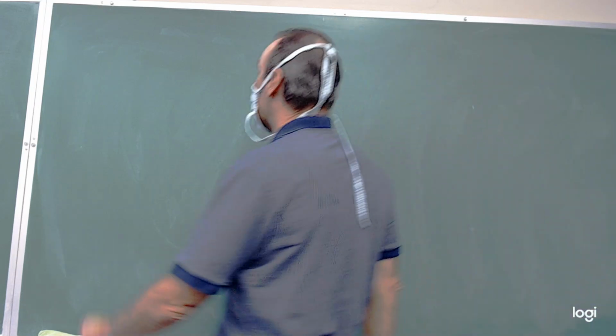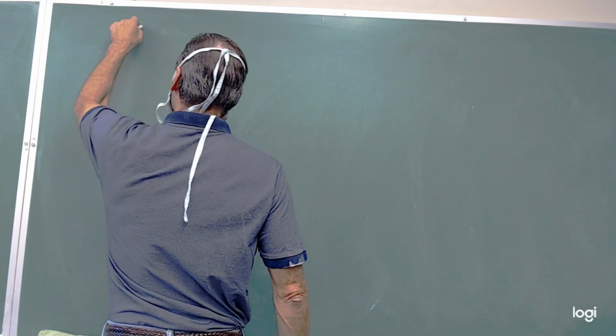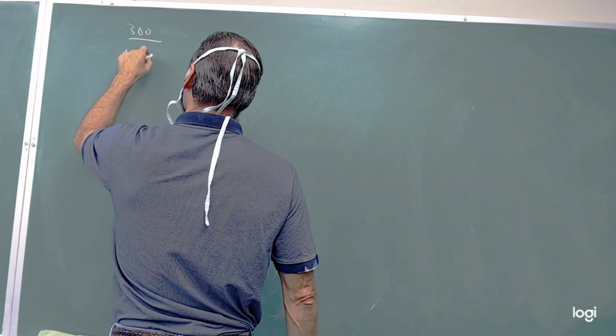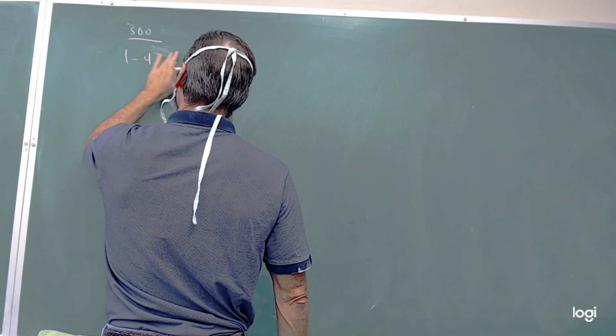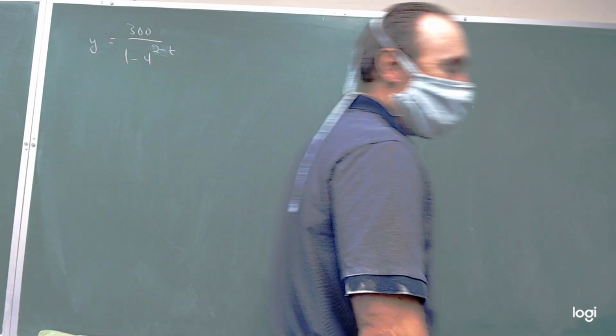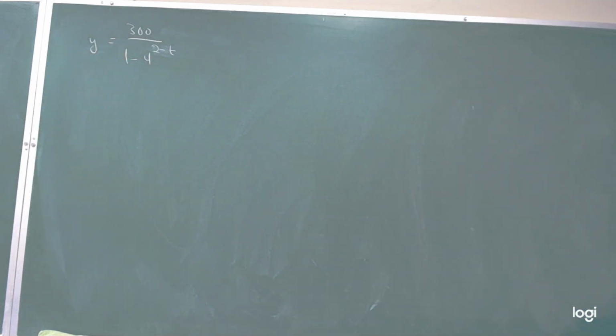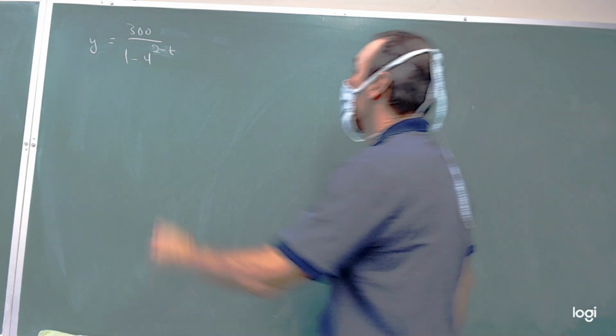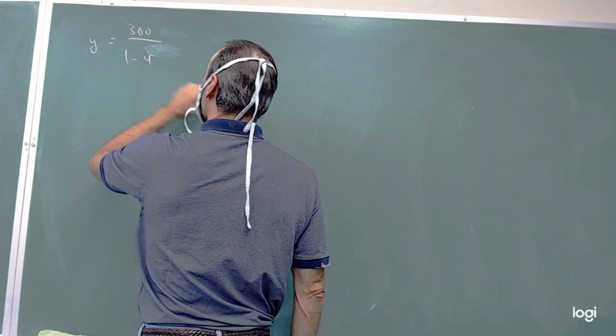So we've got y equals 300 over 1 plus 2 to the 4 minus t. There are too many different ones on that page.